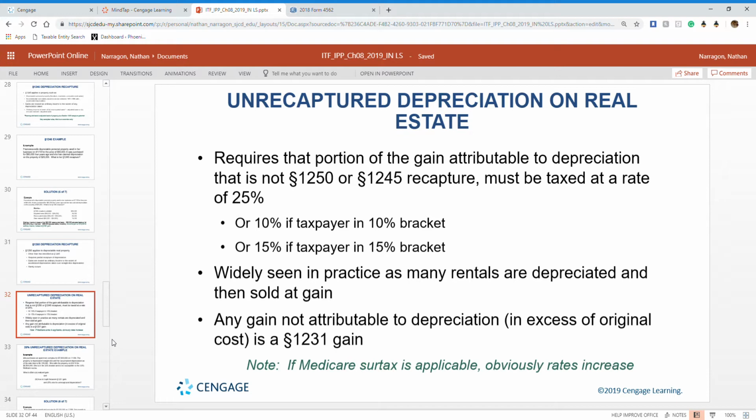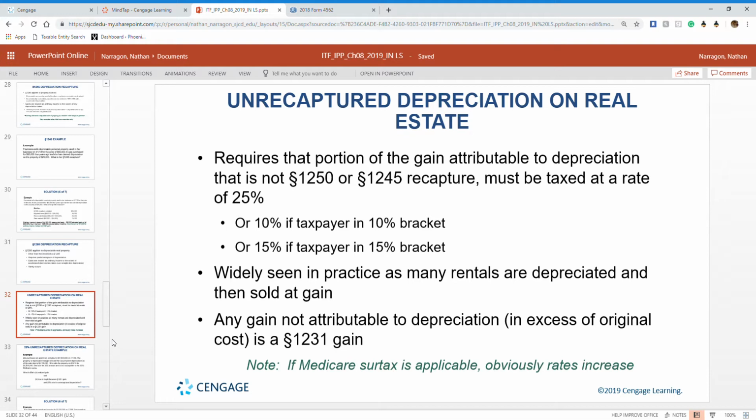now, when we look at unrecaptured depreciation on real estate, so buildings and stuff like that, this requires that portion of the gain attributed to depreciation that is not 1250 or 1245. This one happens more often than 1250.